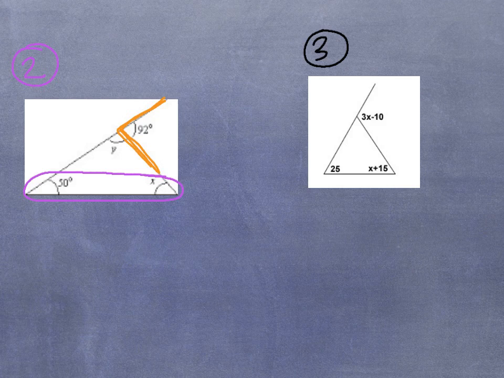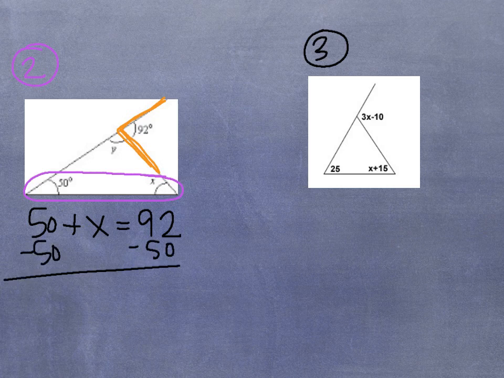So these two together, the 50 plus the x, should equal 92. Again, the opposite two angles equal the exterior angle of 92. So 50 plus x should equal 92. If I subtract 50, I will get x equals 42. So this corner right here should be 42.